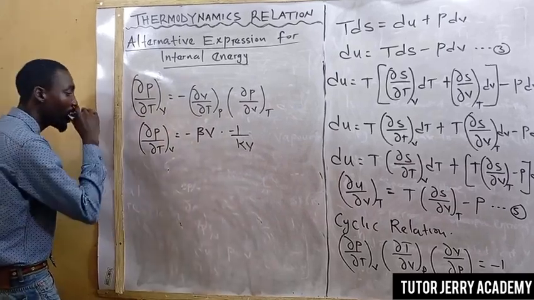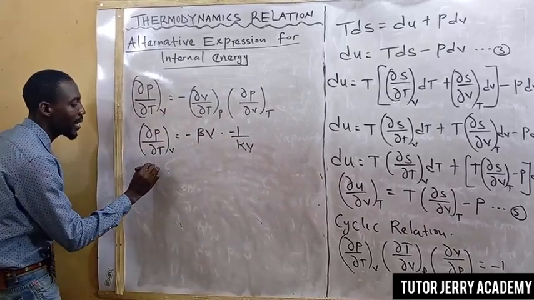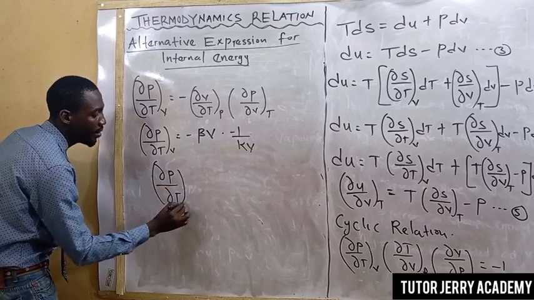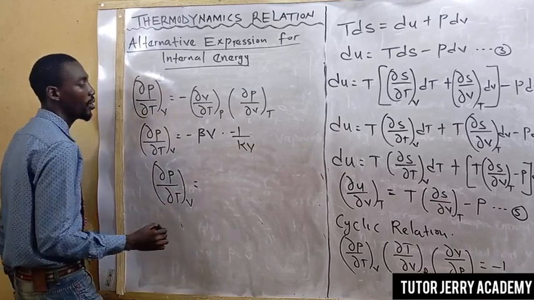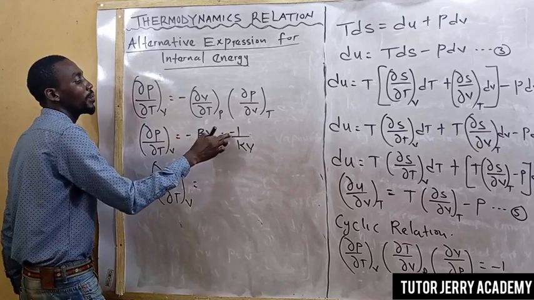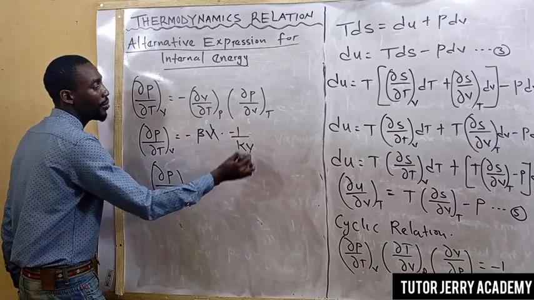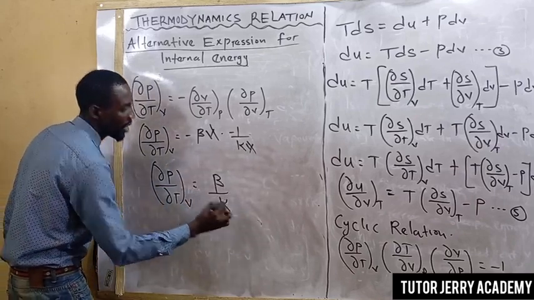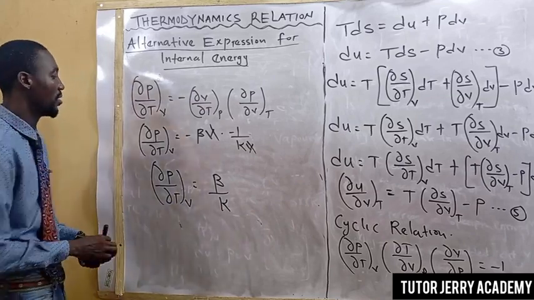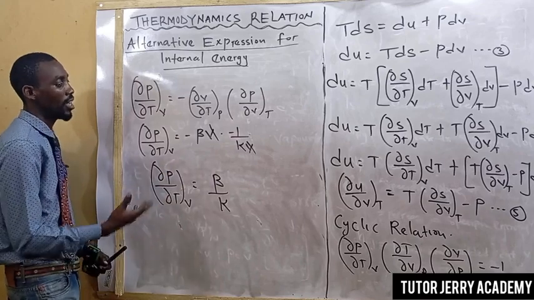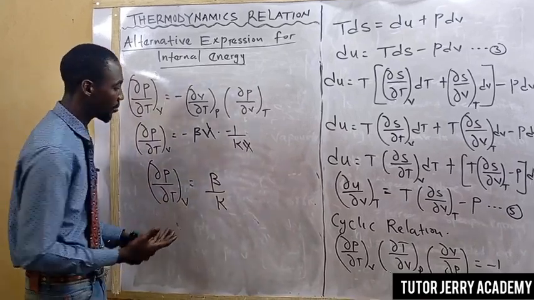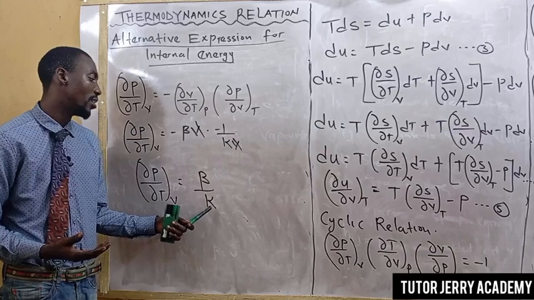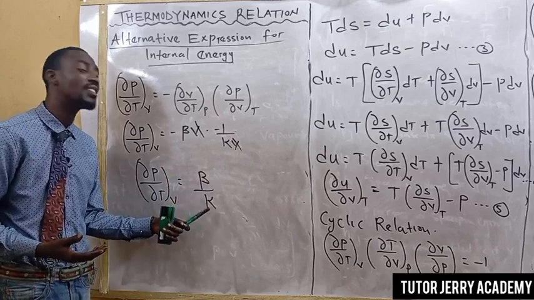Now the next thing is the partial derivative of p all over the partial derivative of t, keeping v constant, to be equals to minus, multiply by minus is positive, and v will cancel out v. So we'll be left with beta all over k. This is nothing but the relationship between the coefficient of cubic expansion and compressibility factor.